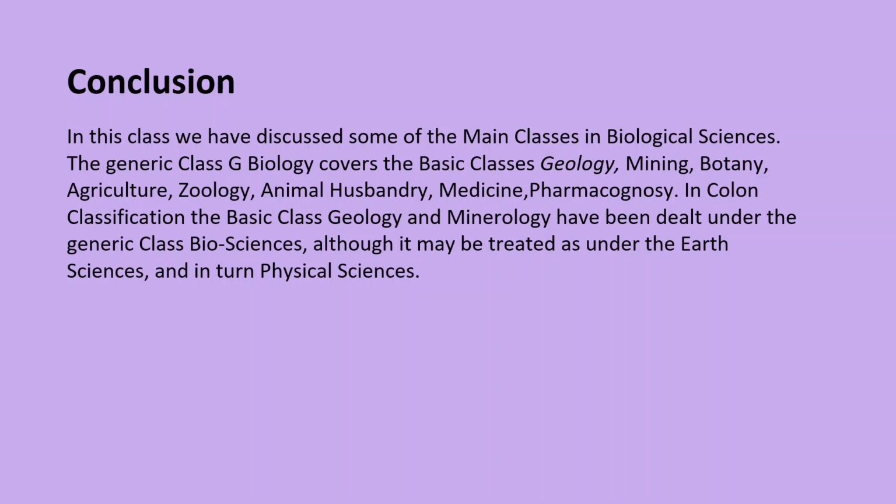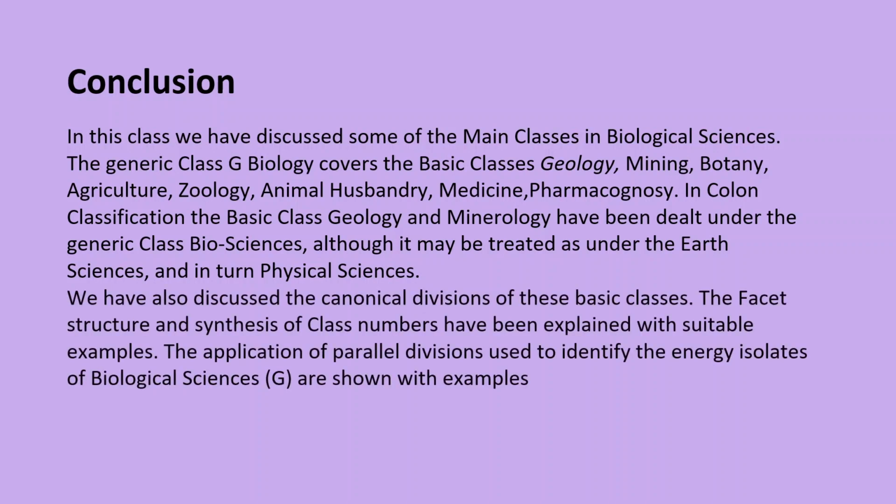In colon classification, the basic classes geology and mineralogy have been dealt under the generic class biosciences, although they may be treated as under the discipline art sciences, which in turn may be treated as physical sciences. But we have discussed the canonical divisions of these basic classes.